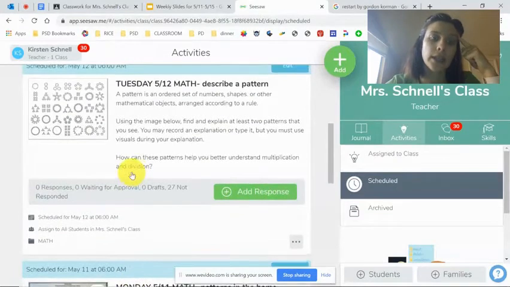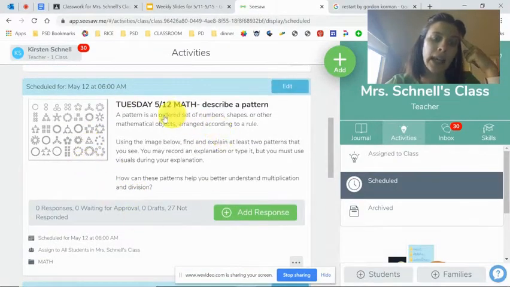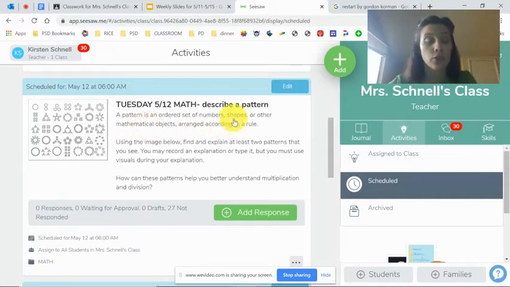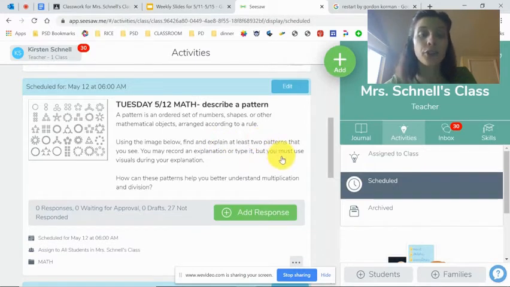Now for Tuesday, you're going to stay in Seesaw. And to be honest, I got this activity from a different teacher, so if you have questions, please reach out. A pattern is an ordered set of numbers, shapes, or other mathematical objects arranged according to a rule. Use the image right here to find at least 2 patterns that you see.